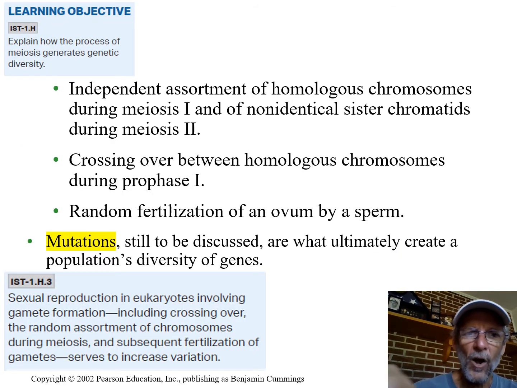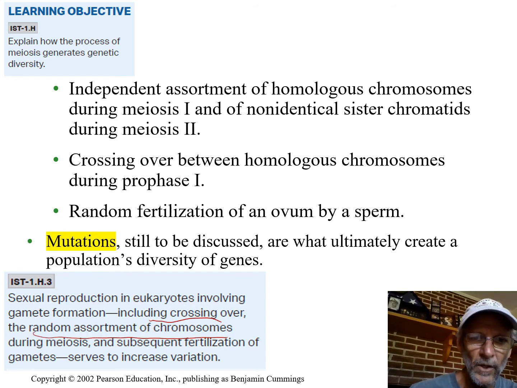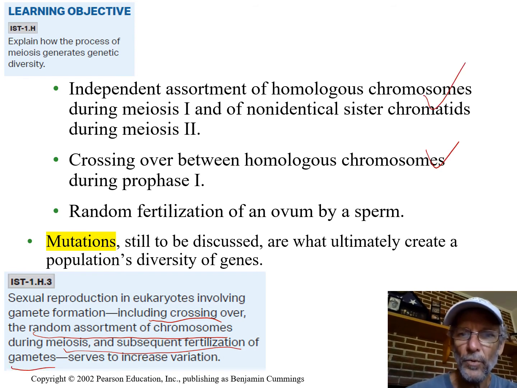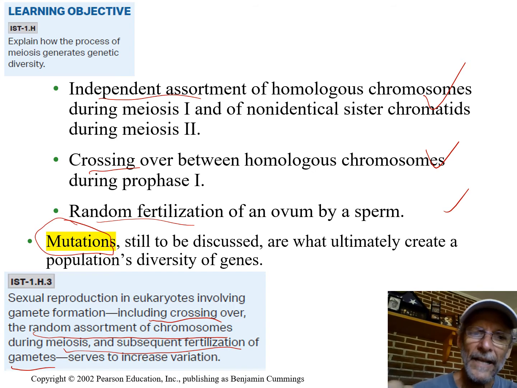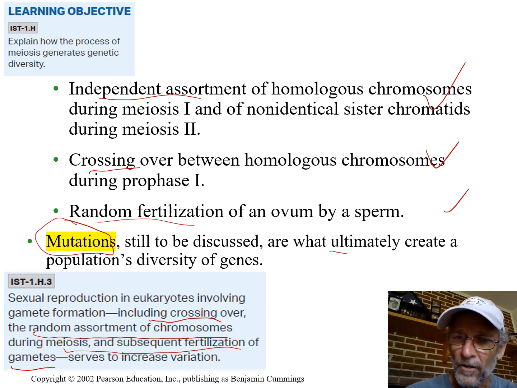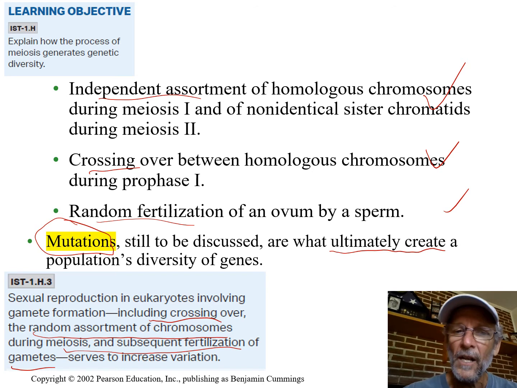So if we now just emphasize again this list of 3 ways: independent assortment, crossing over, and random fertilization. If we add to the list of genetic diversity causers the thing that in the next unit we'll get to a lot, mutations, they hold a special place, remember, because they are the things that ultimately create different kinds of genes, alleles, that might be crossed over, because if you switch two things that are identical, you haven't really changed anything.